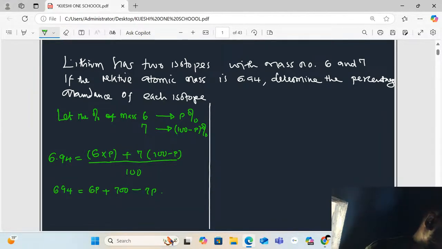From here, we group the like terms together. 700 shifted to the left-hand side becomes 694 minus 700 equals 6P minus 7P. Therefore, we have negative 6 equals negative P.